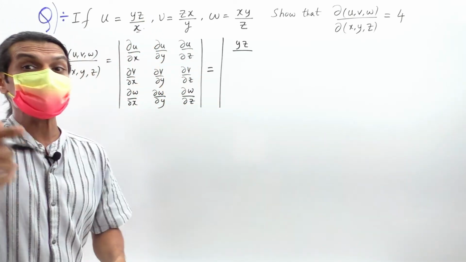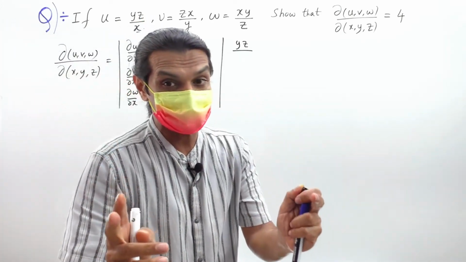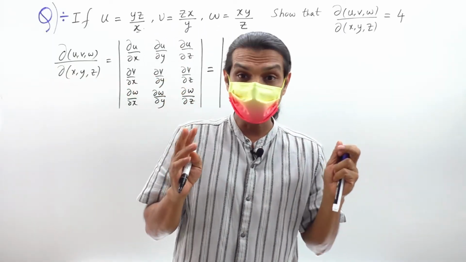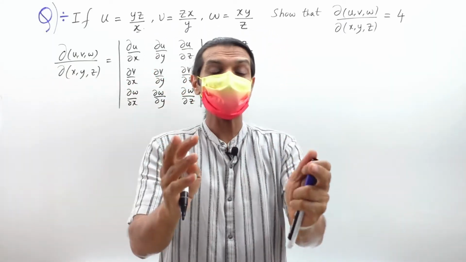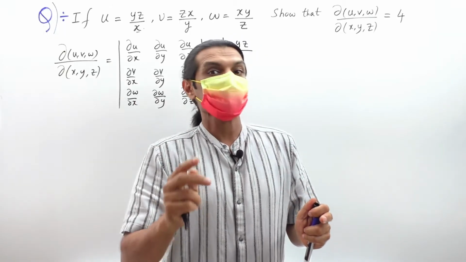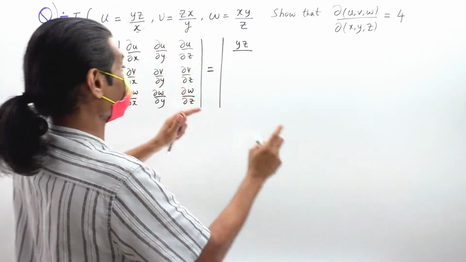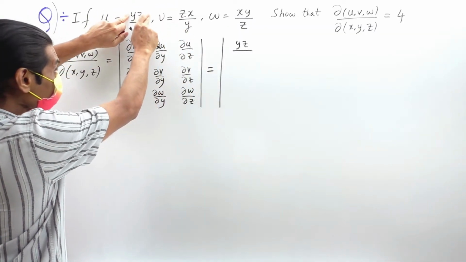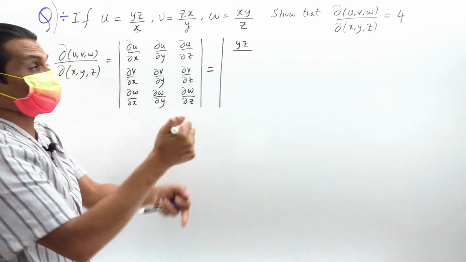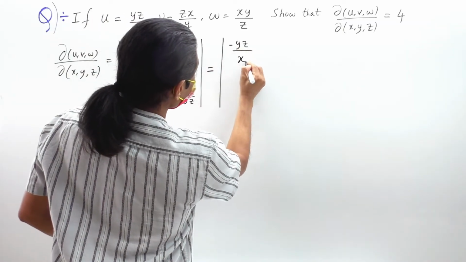We are differentiating only 1 by x, and as I keep on repeating, the very important derivative in engineering is differentiation of 1 by x, which is minus 1 by x square. So dou u by dou x is yz as it is into minus 1 by x square.